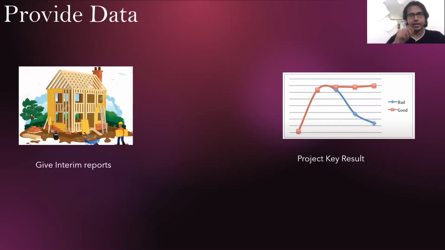Okay, providing data. I think this is also one of the most important parts of our storytelling, and it can be divided into two parts: giving interim reports and projecting key results. Giving interim reports is when you are working on an already existing product and have some past results to view, and you can compare and show that these are the results we achieved before, we are planning to do this, and once we achieve it, this is how we think the model will change.